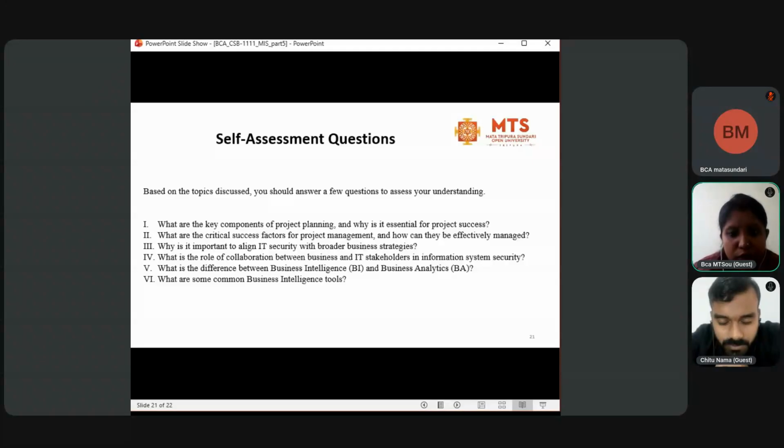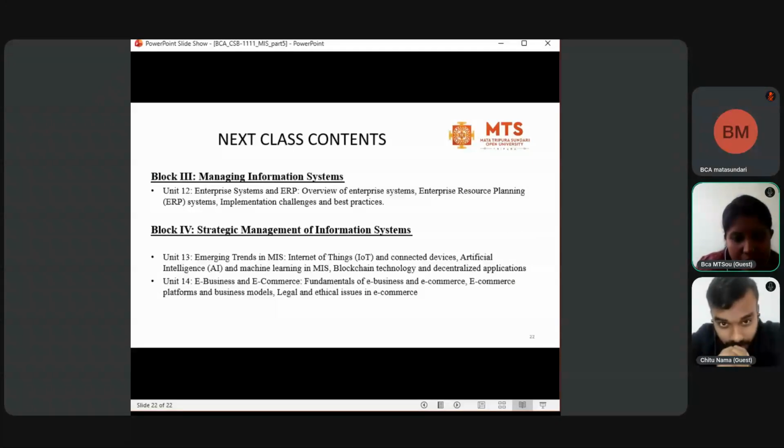So in the last class we continued from block 3, that is unit 12, and from block 4 unit 13 and 14.